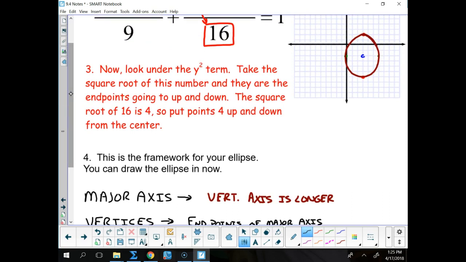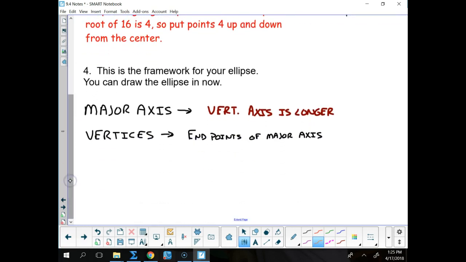We said that our vertical axis was the major axis. So those two endpoints are my vertices. And those are the points 3, +2 and 3, -6. Because I add 4 to -2 and I subtract 4 from -2.